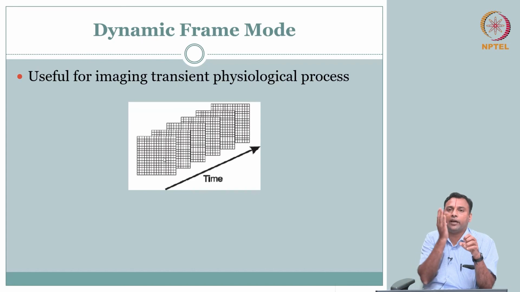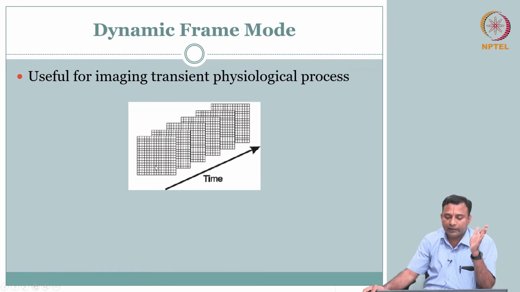So I can trigger everything: I'll start my detector for scintigraphy at the start of, say, the R wave. So I can time that. From there on, I can acquire this delta t over the full cycle. So this is one way of dynamic frame.